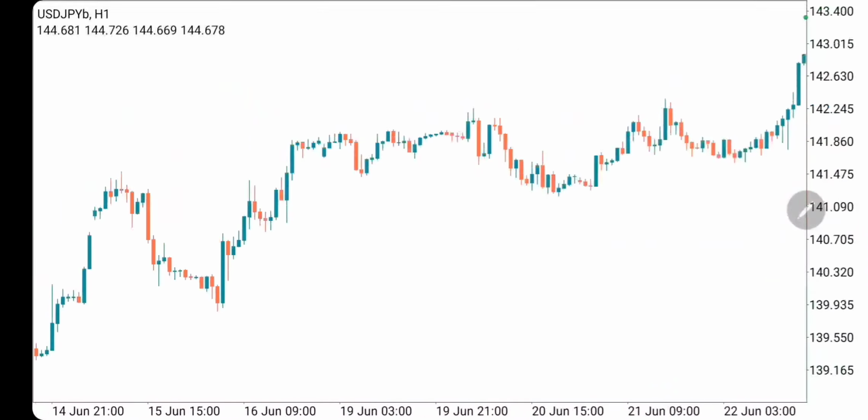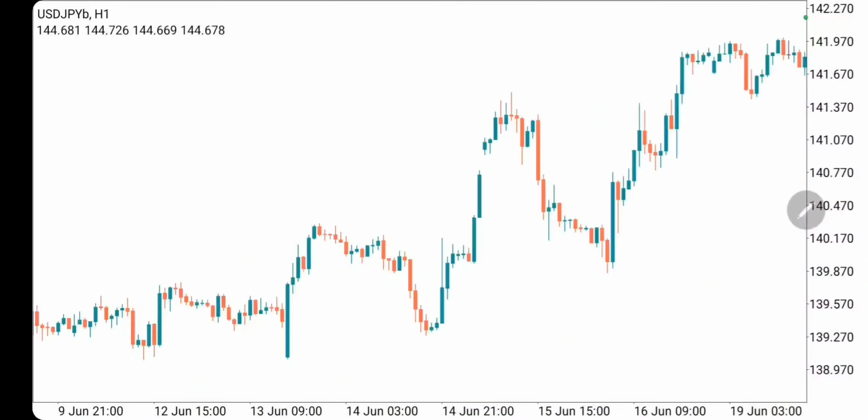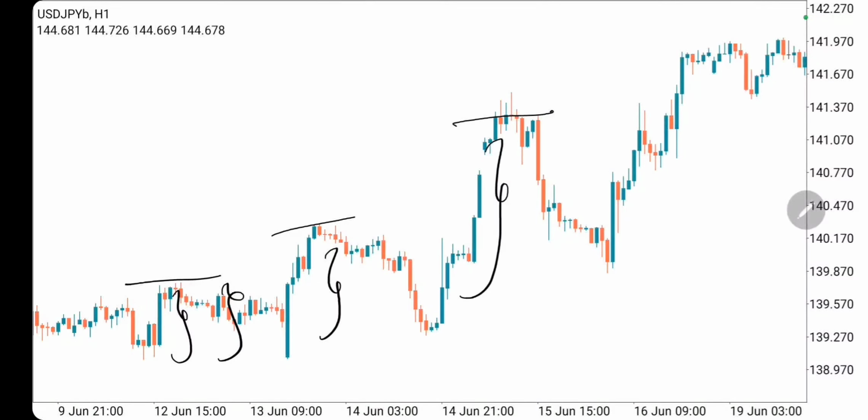In a bullish phase, the market breaks structure to the upside. So that is a break of structure.